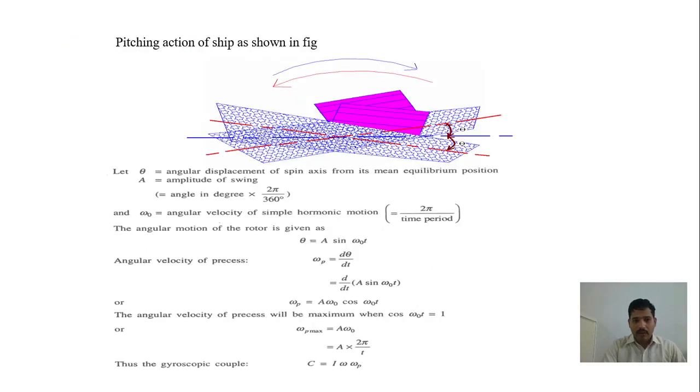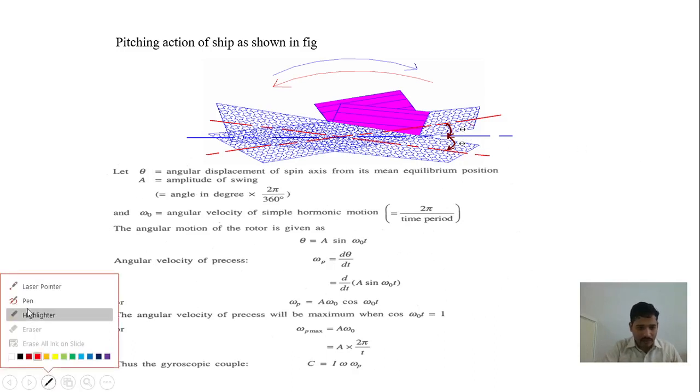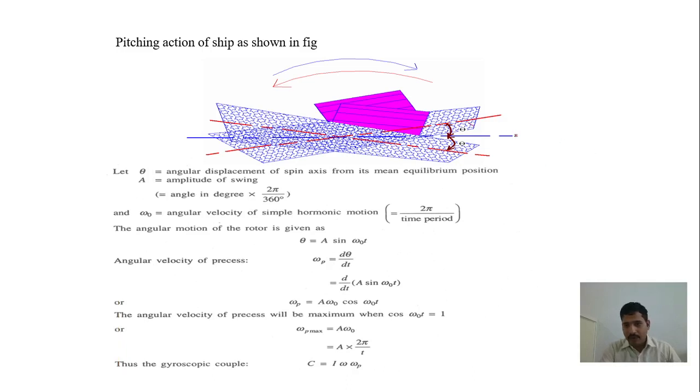So next one is the angular displacement. The theta indicates the angular displacement of the spin. So this means that this ship is moving from the mean position. I will write here. Okay, so this one we can say is the mean position.